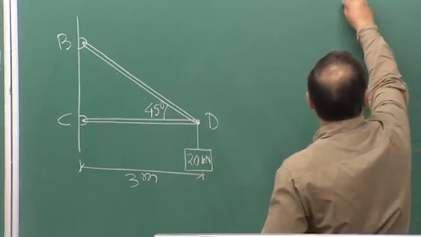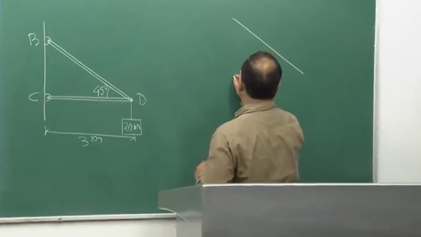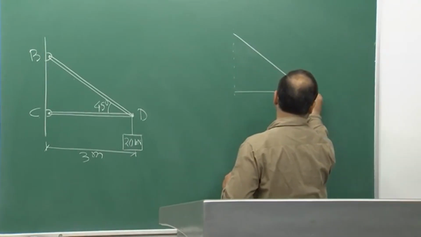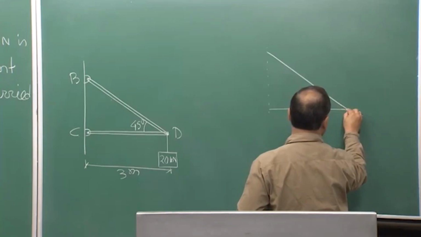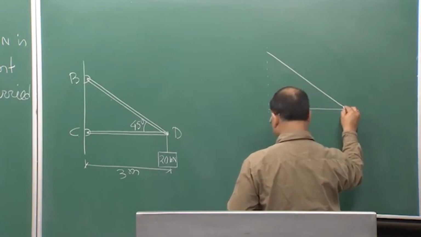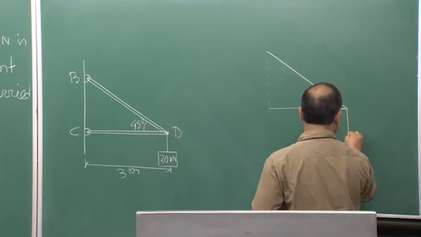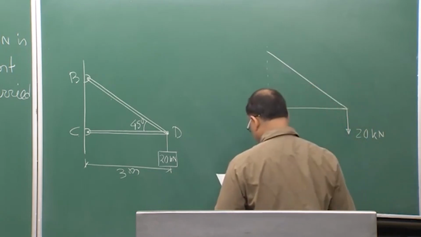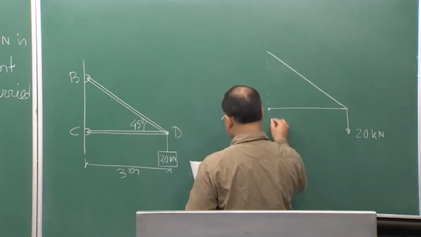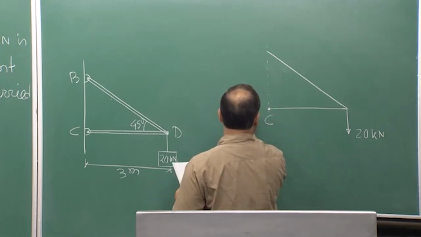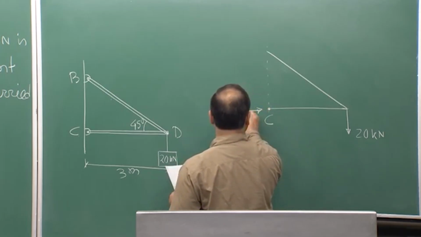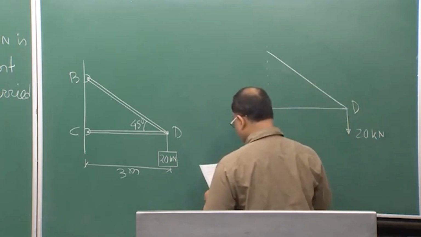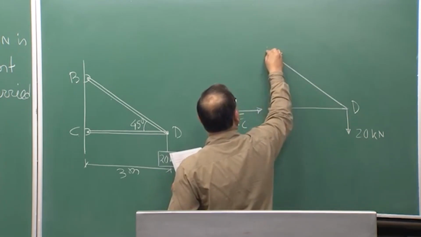The free body diagram will look like this. This is point C, you will be having the force Fc from the support. This is point D, this is point B.